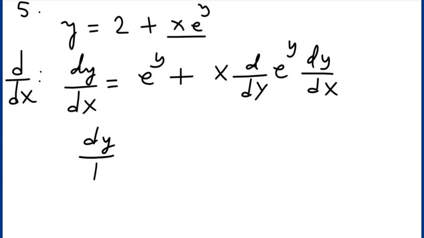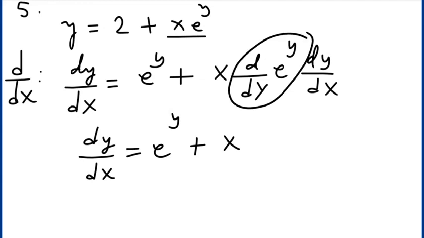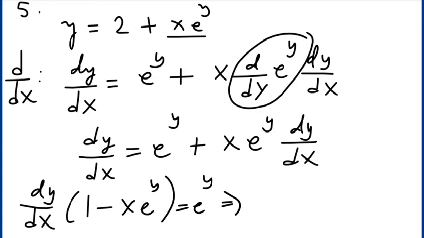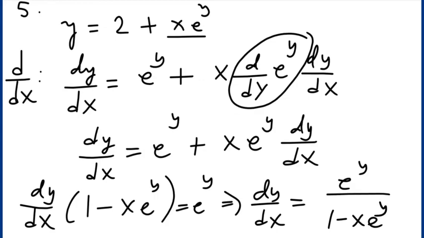So simplifying it a little bit, you get e^y plus x d/dy of e^y, which is simply e^y dy/dx. Now let's factor out dy/dx. You're going to get 1 minus x e^y equals e^y, and solving for dy/dx, you get e^y over 1 minus x e^y. So this is the final answer for this problem.